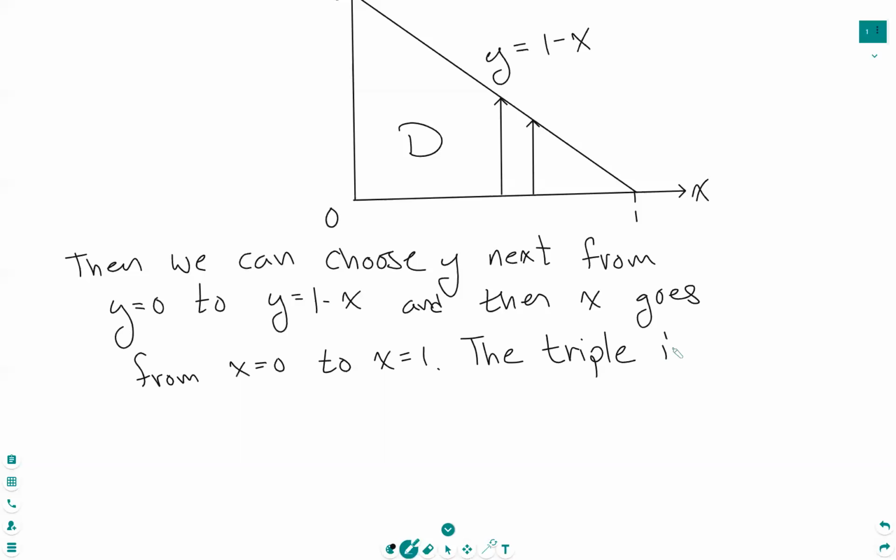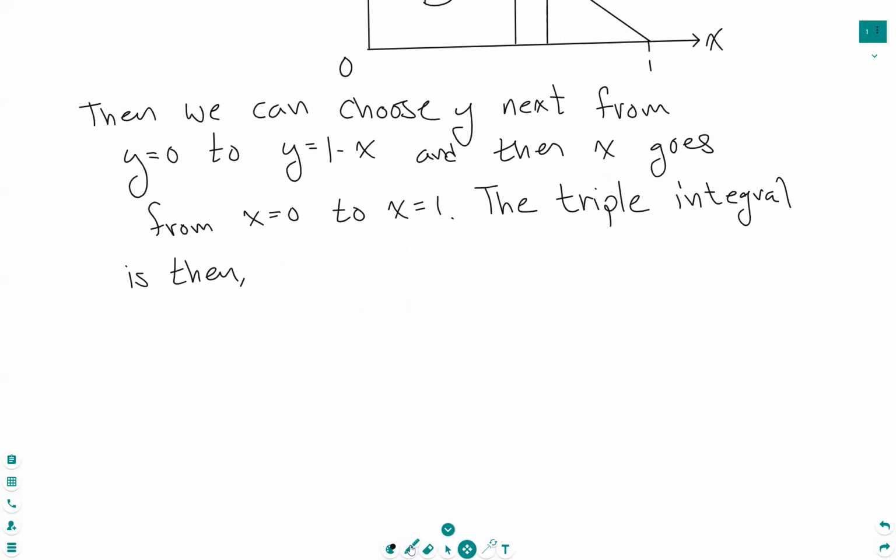So the triple integral is then our three sets of integrals here. Our integrand is z.